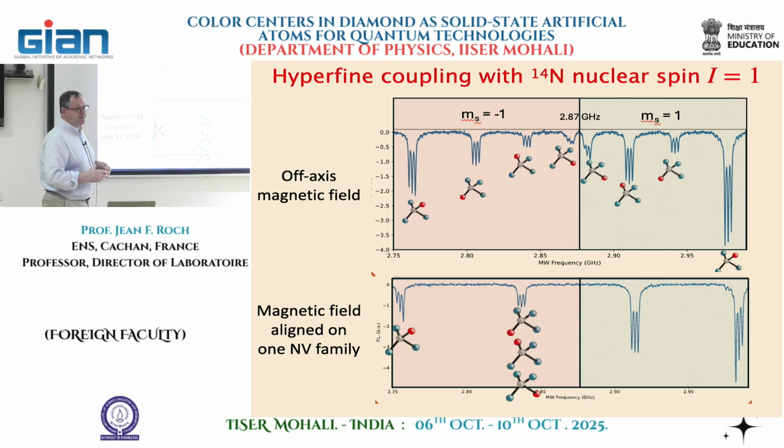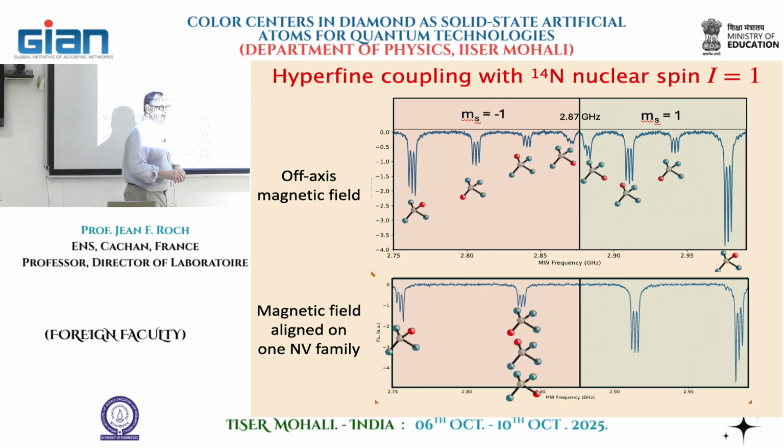But the quality is high enough so that the T2 star is high enough that we can resolve the hyperfine lines. So we'll see these hyperfine components on each of these lines.